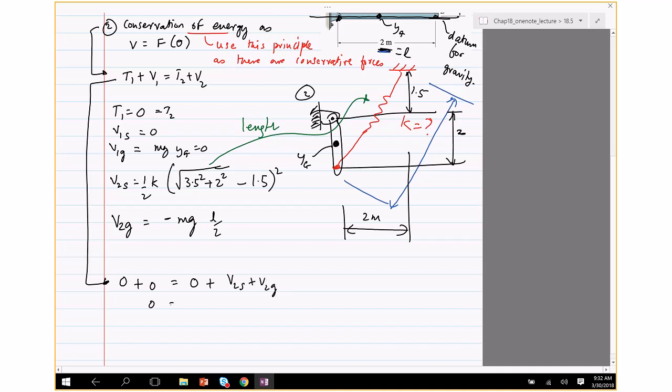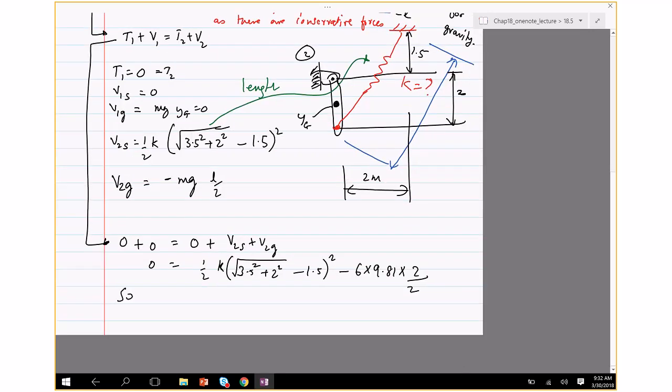So 0 equals half k times the square root of 3.5 squared plus 2 squared, minus 1.5, the whole squared, minus the mass 6, gravity 9.81, times the length 2 meters.